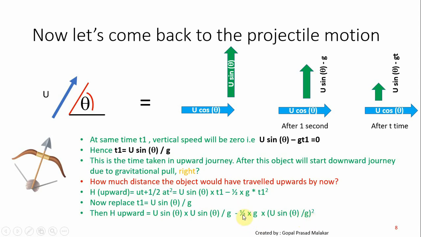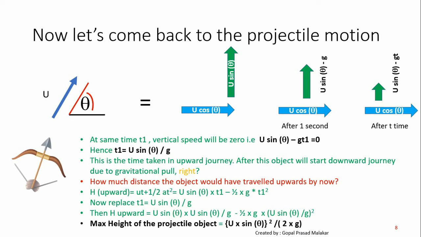So essentially what will be left over is the upward component, the maximum height obtained by the projectile object: u sin theta whole square by g, and in the bottom half will come, because this is 1 and here you are removing half. So essentially 1 half will remain. So half u sin theta whole square by g is what will give you the maximum height obtained by the projectile object.